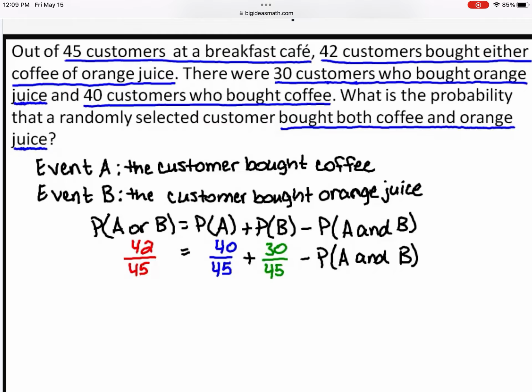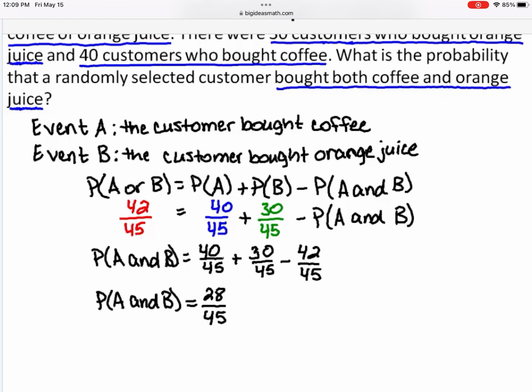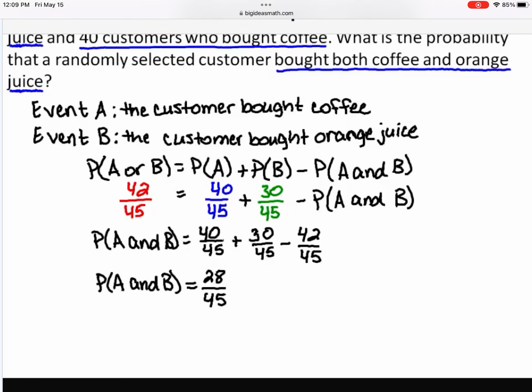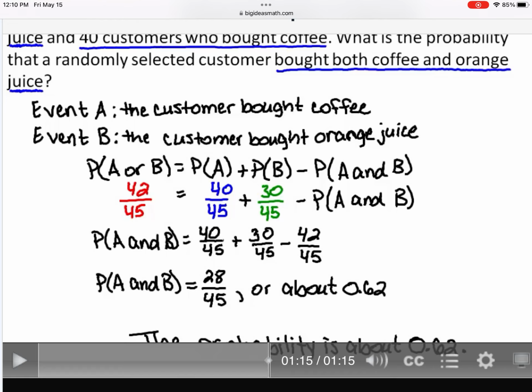So solve the equation for the probability of events A and B occurring. 40 divided by 45 plus 30 divided by 45 minus 42 divided by 45 simplifies to 28 divided by 45, or about 62 hundredths. So the probability is about 62 hundredths.